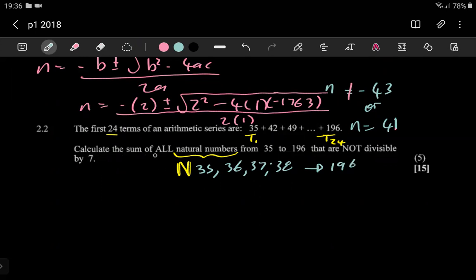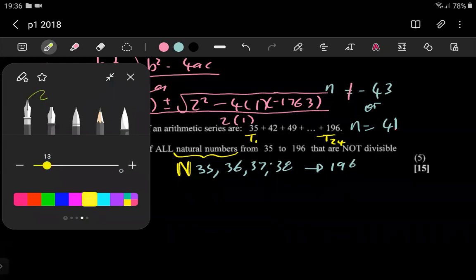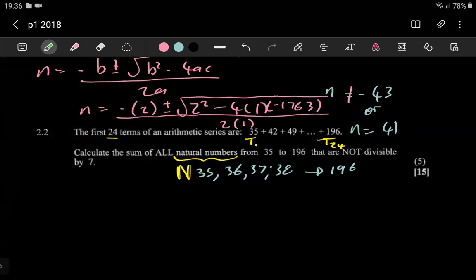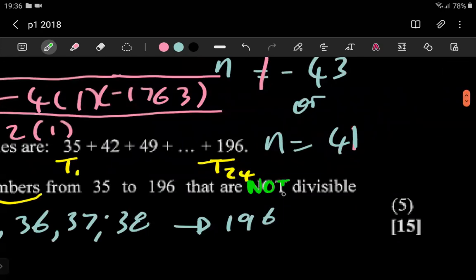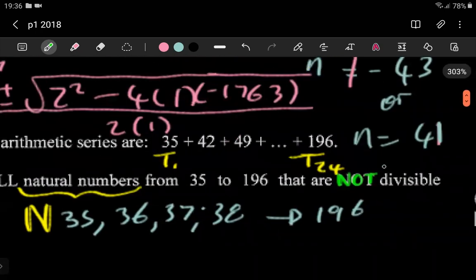So they say calculate the sum of all natural numbers from 35 to 196 that are not divisible by 7. This question is quite common, not specifically these numbers, but this part. They're not divisible by whatever, or even sometimes they'll say divisible by whatever.